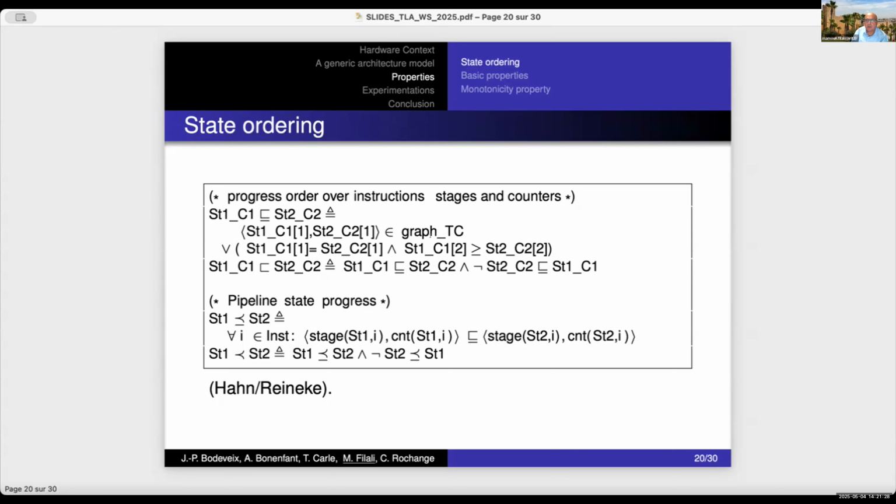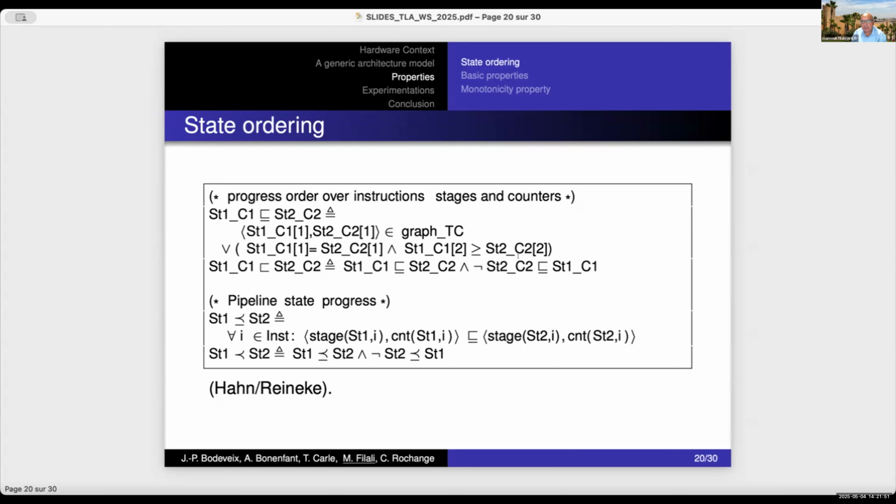So this is a partial order, and we will reason about this progress order thanks to this partial order. Of course, we usually define the less relation in the usual way. So this is an order about instructions.